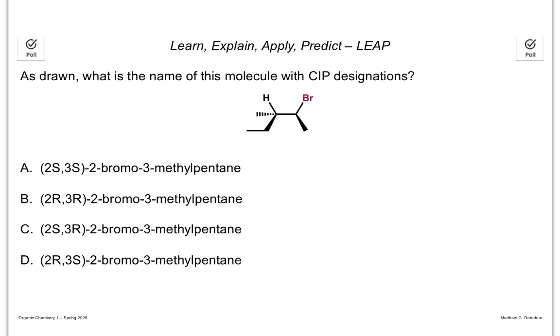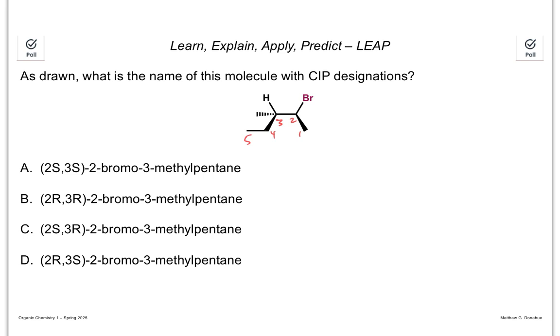What's the name of the molecule, reviewing the CIP designations? If you look at all the responses, the parent part of the name is all the same. So I'm going to just draw in the numbers for the chain.